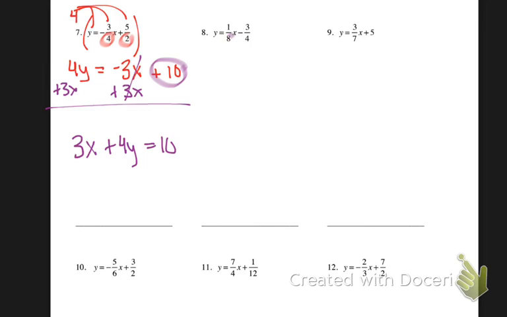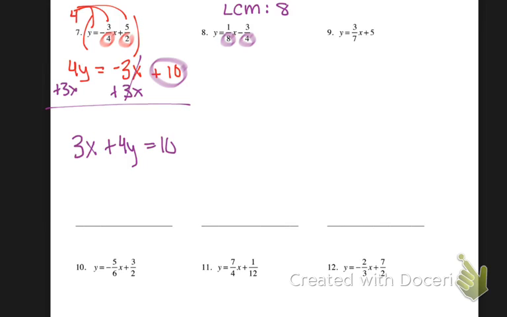For number 8, we have two fractions and the denominators are different. So the goal is that I want you to find the least common multiple, or in other words, find a common denominator. In this case, it will be 8 because 4 times 2 is 8.